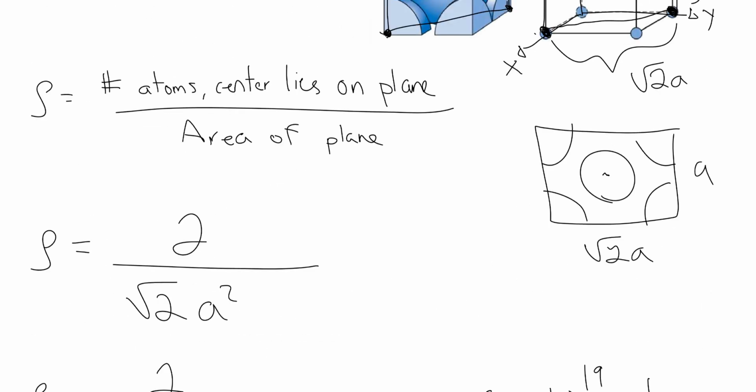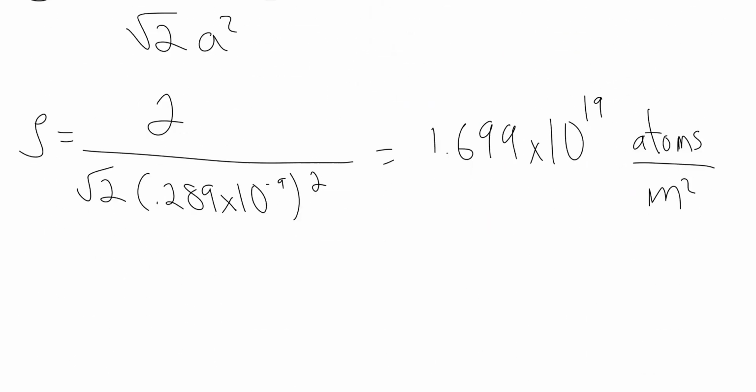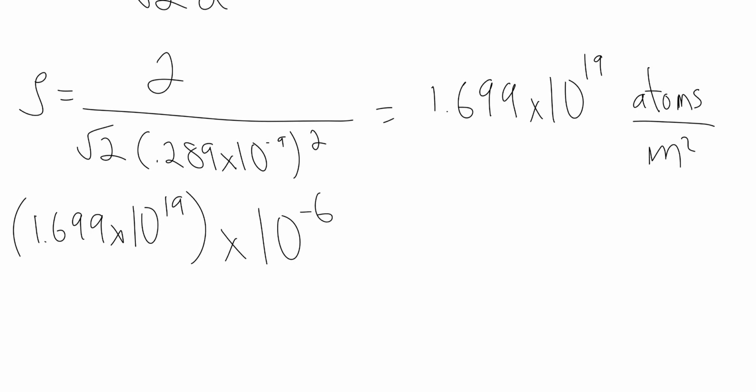However, we're not done at this instant. If we go back up to the problem statement, we need to recall that it wants the solution in atoms per square millimeter. So we need to convert. We take our value in atoms per meter squared, so 1.699 times 10 to the 19, and we multiply that by 10 to the negative 6.